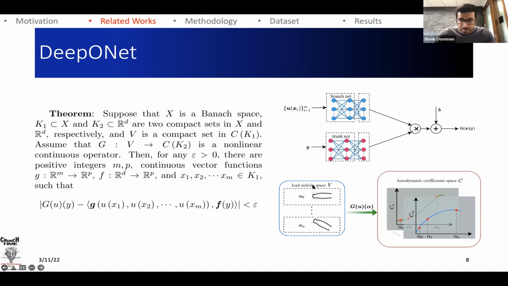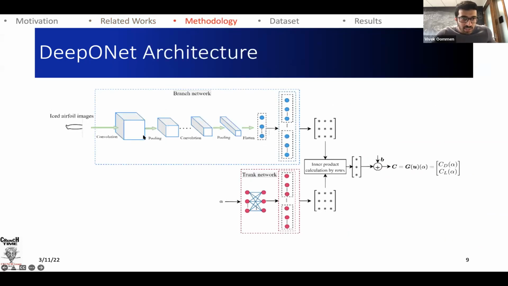Here, the input function space stands for the airfoil geometry and iced airfoil geometries, and the output function is the space of different aerodynamic coefficients, which is a function of the angle of attack alpha. In this work, they have used this DeepONet architecture. For the branch net, they are using a convolutional neural network that takes iced airfoil images as the input.